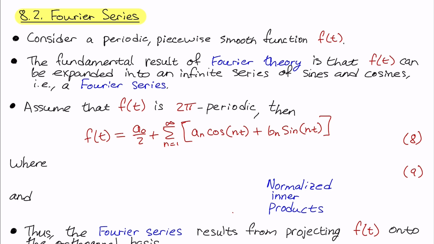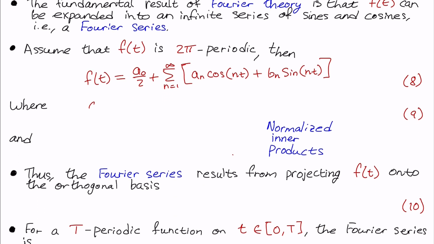And here an is equal to 1 over pi times the integral from, in this case, minus pi to pi of f of t times the cosine of nt dt.